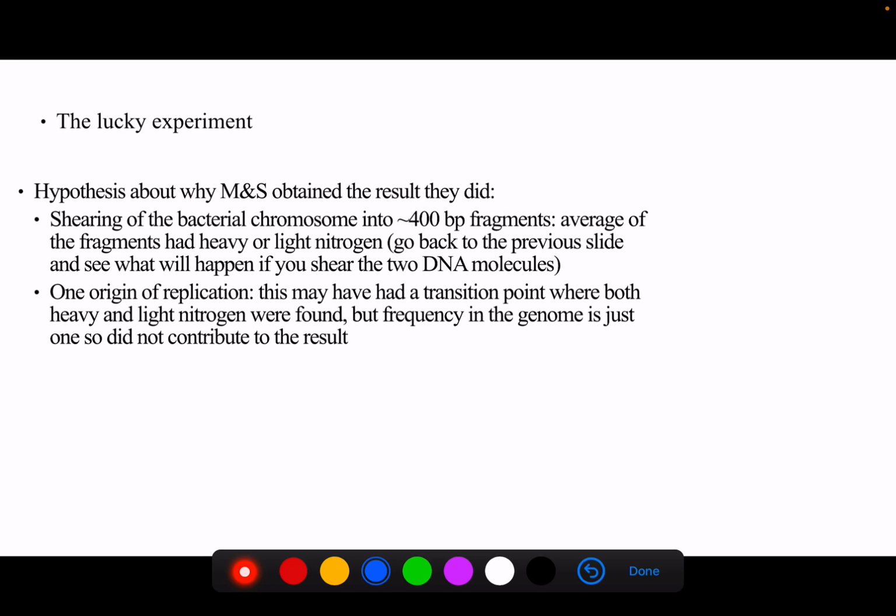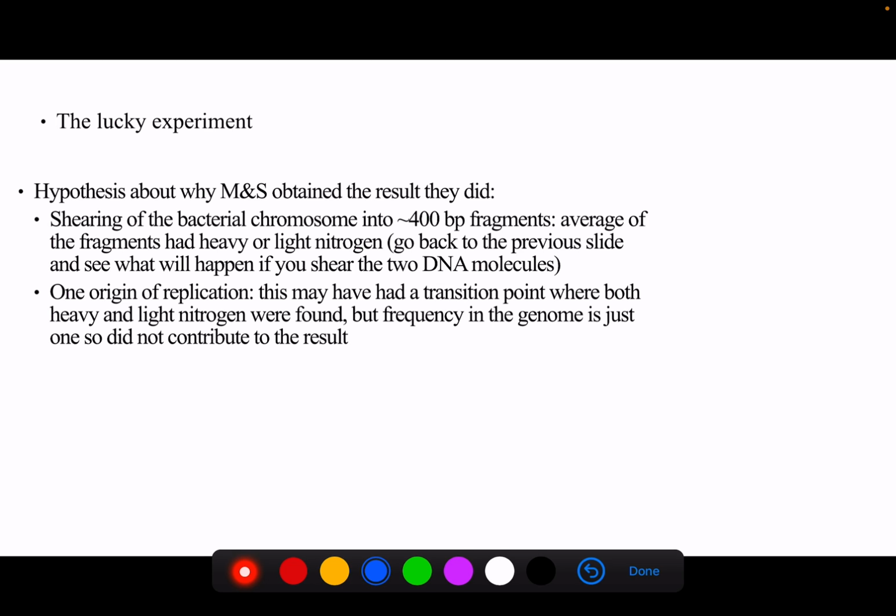Hypothesis about why Meselson and Stahl obtained the result they did: shearing the bacterial chromosome into 400 base pair fragments. The average fragments had heavy or light nitrogen. Go back to previous slides. The one origin may have had a transition point where both heavy and light nitrogen were found, but the frequency in the genome is just one, so it did not contribute.